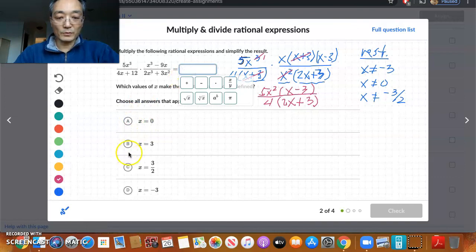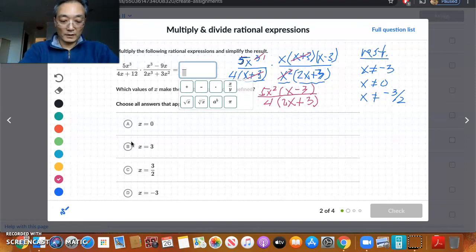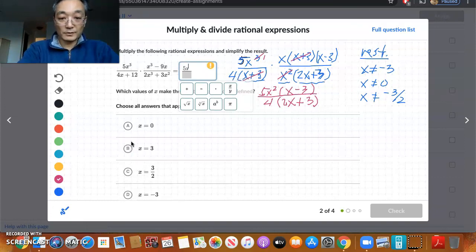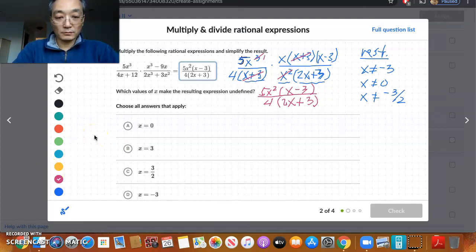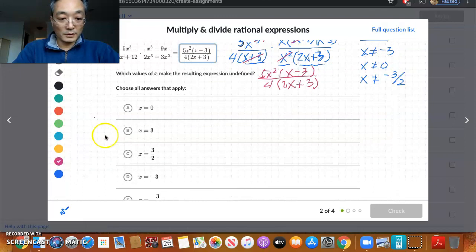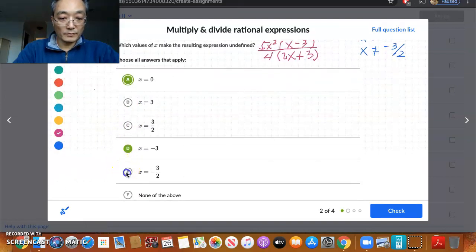Let's write it in first and then we'll pick our restrictions. 5x squared times x minus 3 over 4 times 2x plus 3, and our restrictions are negative 3, 0, and negative 3 halves.